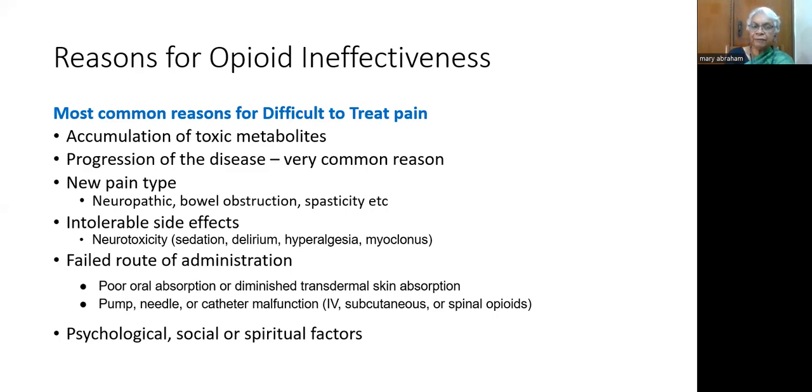Is it a catheter malfunction, or is the pump not working? Is the needle blocked? Is the catheter misplaced? There are so many reasons why it is not working. So you have to see whether the route of administration you're using is working in this patient or not. And then, most important, you must look at the physical, psychological, social, and spiritual factors.